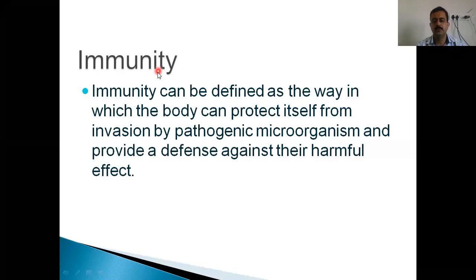Immunity can be defined as the way in which the body protects itself from invasions by pathogenic microorganisms and provides a defense against their harmful effects. It means that whenever an antigen or a foreign particle comes inside the body, how the body acts on it and nullifies the effect of that antigen is called immunity.